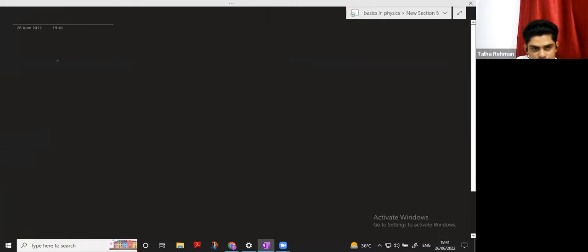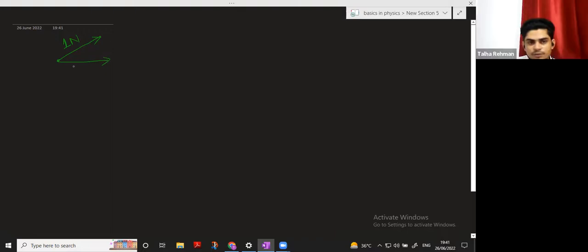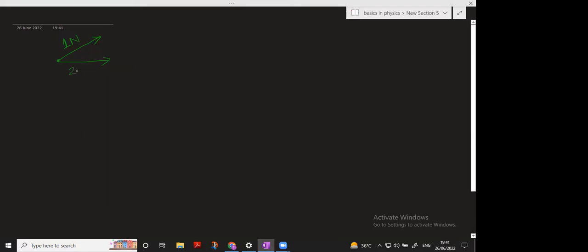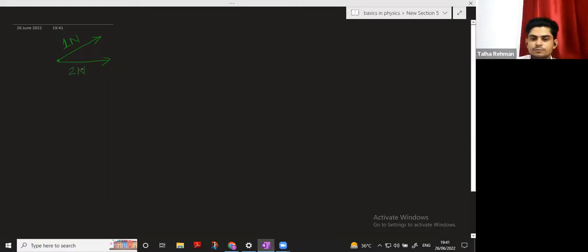Suppose this is a point. This is one vector of magnitude 1 Newton. This is a force actually. This is another of 2 Newton. And the angle between these two vectors is, suppose, 60 degree.